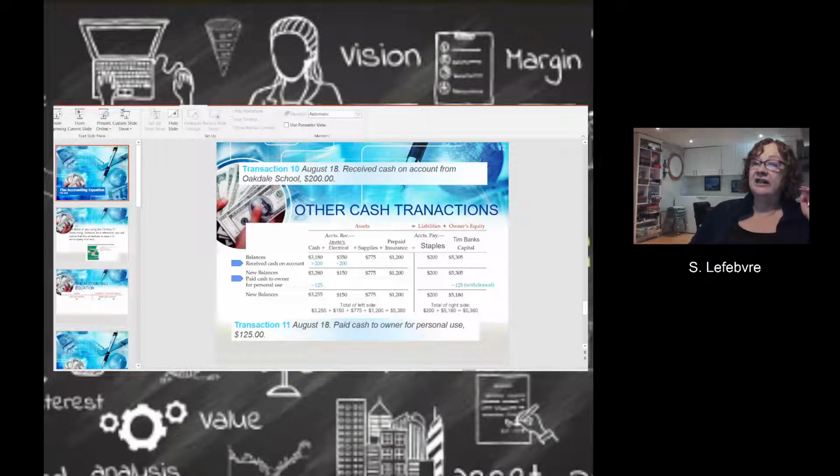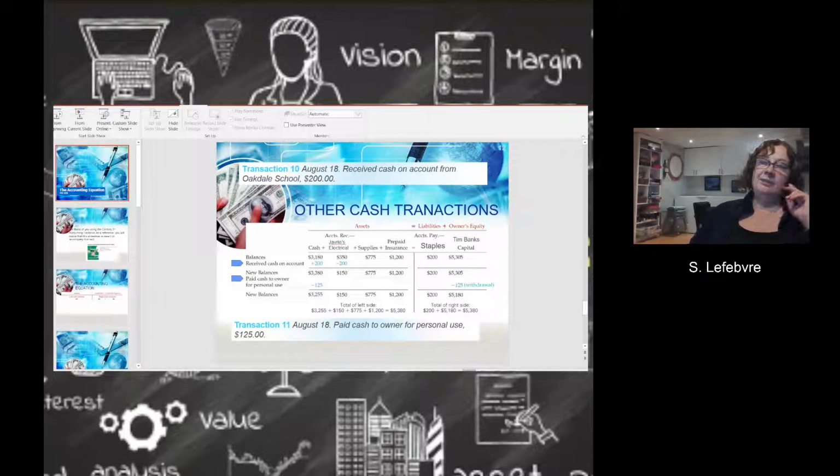Okay, here is another very important transaction. August 18th, paid cash to owner for personal use, $125. So this is neither an expense nor is it a liability.